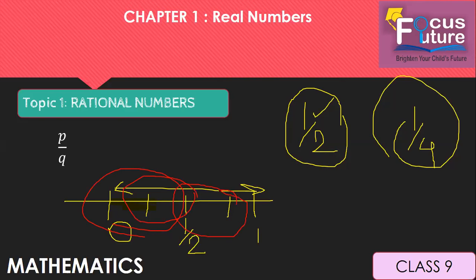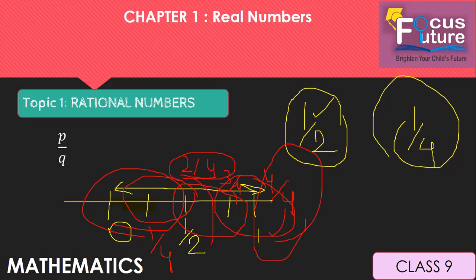Then this area third part. Then this area fourth part. That means this would be 1 by 4. This would be 2 by 4. This would be 3 by 4. And this would be 4 by 4. So 4 by 4 is automatically 1. And 2 by 4 is automatically 1 by 2.